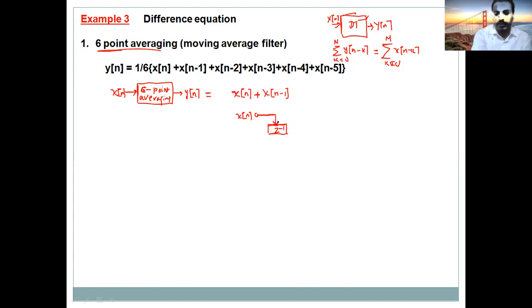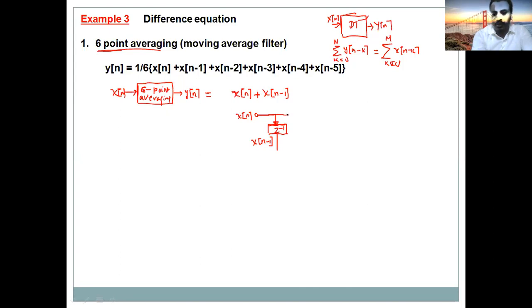If you apply the input to this memory element, it will give us output. What is the output? The delayed one. Input delayed by 1. Delay means past value of inputs. Now what do we have to do? We have to add these together.